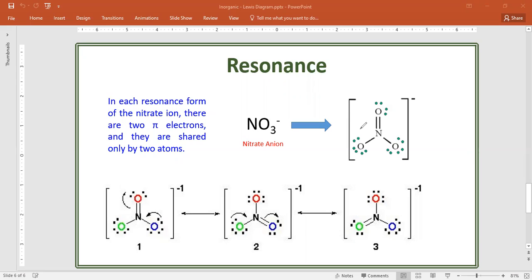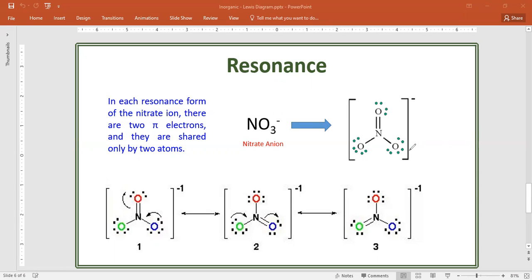Total valence electrons for the nitrate anion is 24, including the negative charge. So this is the Lewis structure, and as per the rules discussed previously, a negative charge is also given because the nitrate has one negative charge.